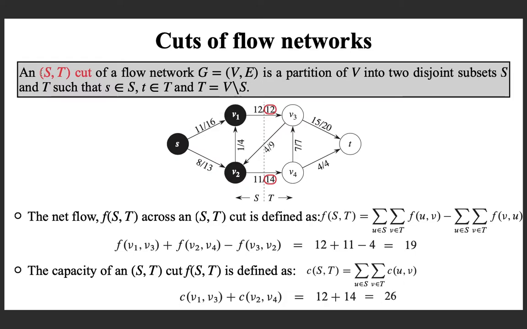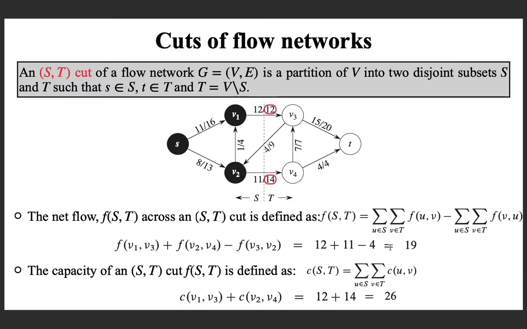Because the source is going to the first set and T, the sink, is going to the second. Now there is what is called the flow across the cut, which is the net flow. You take the sum of the flows crossing the cut from left to right minus the sum of the flows crossing the cut from right to left. In this particular example, 12 plus 11 minus 4.